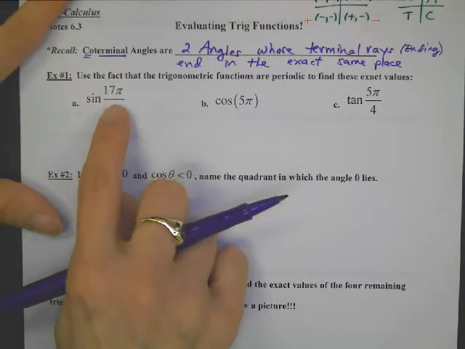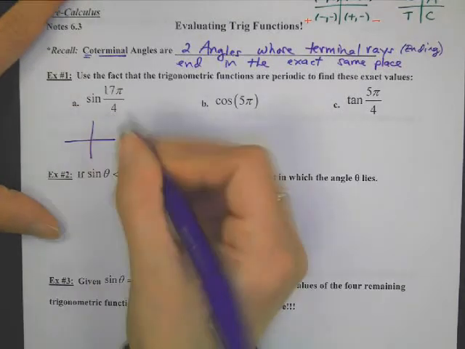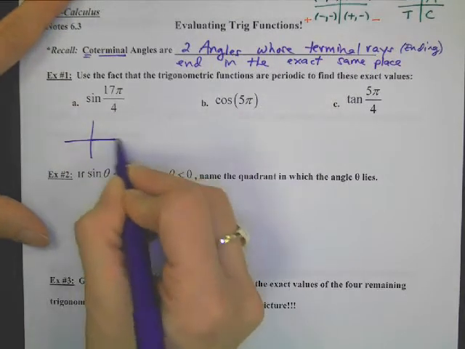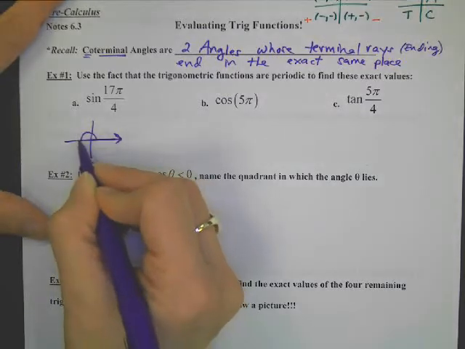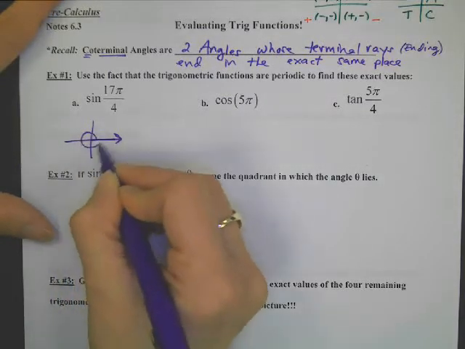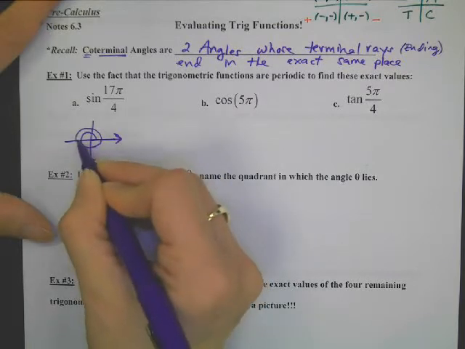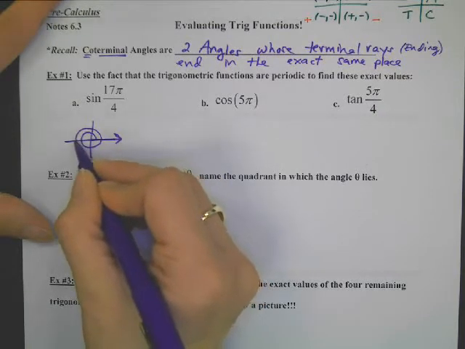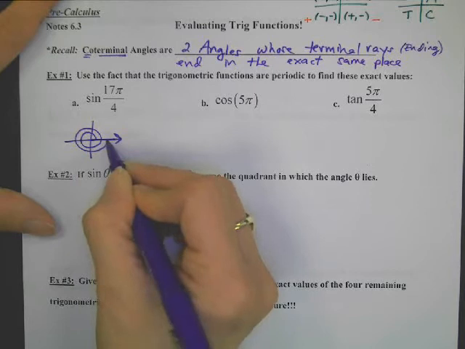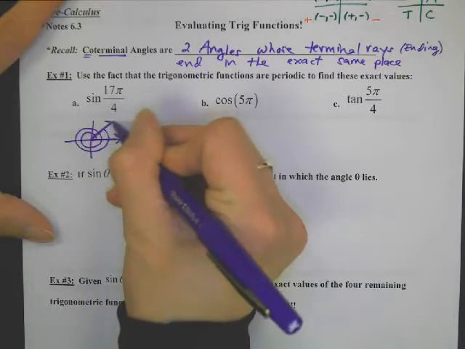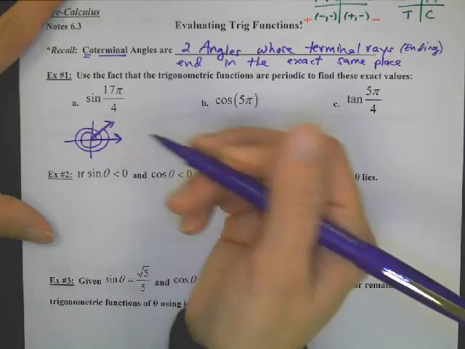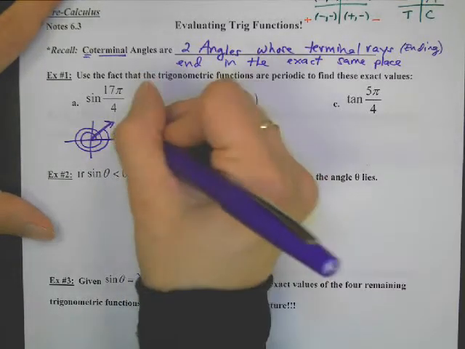For example, 17 pi over 4. I have to figure out where that is, so let's talk fourths. Every time you go 180, that's 4 out of 4, 8 out of 4, 12 out of 4, 16 out of 4. 17 needs one more pi out of 4, so you're right there in the middle, the same place as pi over 4.